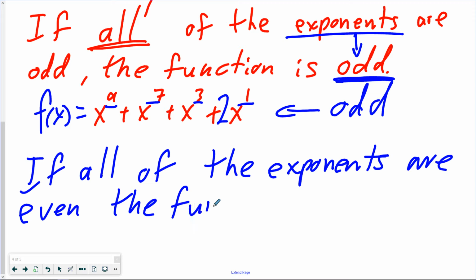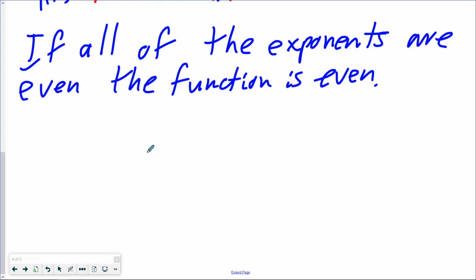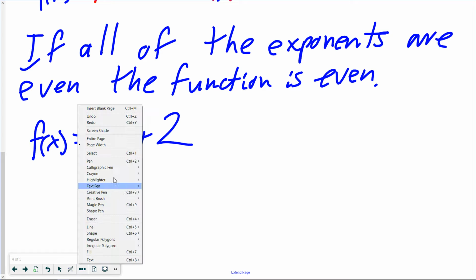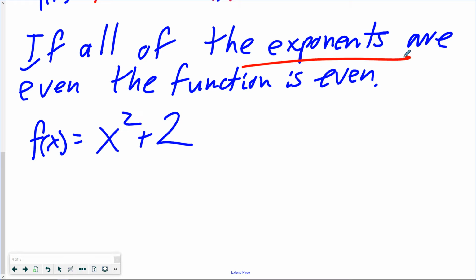Okay. So let's talk about a couple of exceptions really quick. So x squared plus 2, right? We're going to say, is this even or odd? Let's call this f of x. Okay. So let's look at our exponents, because that's the thing that we really care about right now, just the exponents. This exponent is very obviously even, right? 2 is an even number. But this 2 here, you're going to go, oh, well, 2 is an even number, but this is a coefficient. This isn't an exponent. So what we need to look at is the invisible x here.